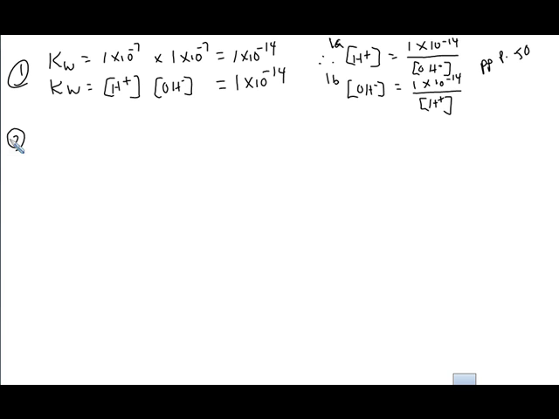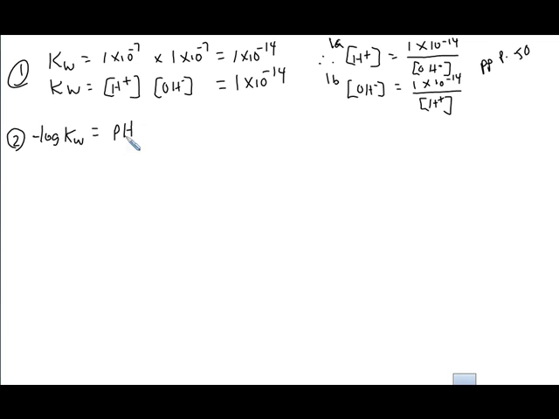What we do is take the negative log on your calculator, just like it says, of the Kw, and that is going to equal the pH.